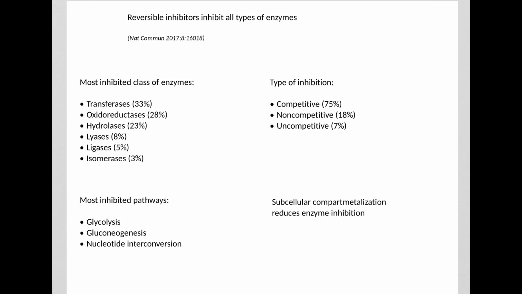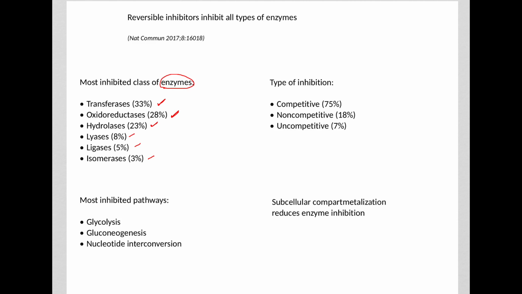In future videos under metabolism, we shall look at the different classes of enzymes. The most commonly inhibited enzymes are the transferases and the oxidoreductases, followed by the hydrolases. Then the lyases, ligases, and isomerases are also inhibited to a lesser extent.